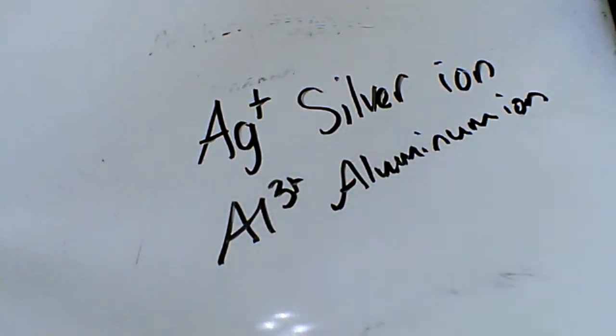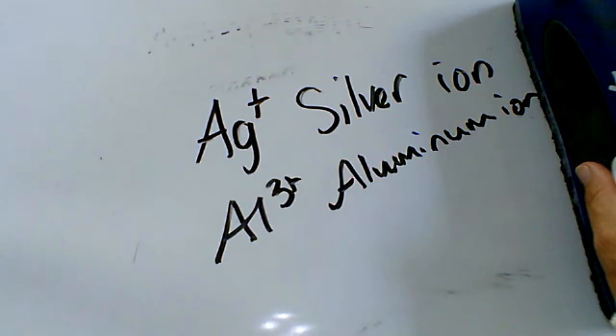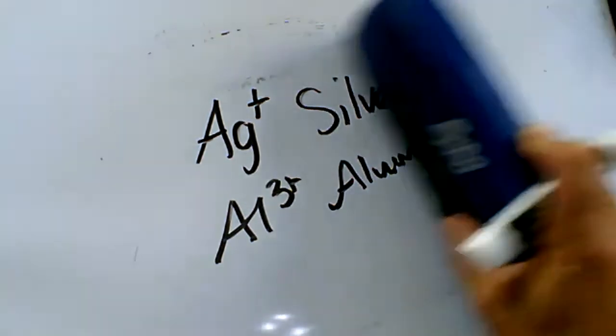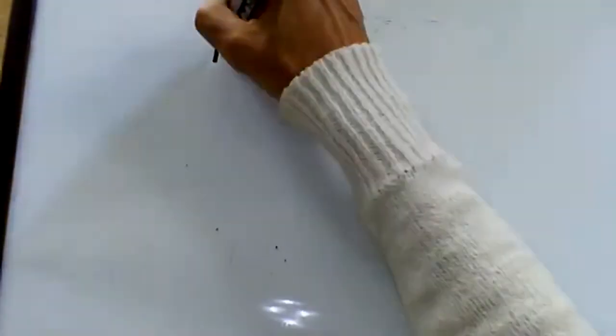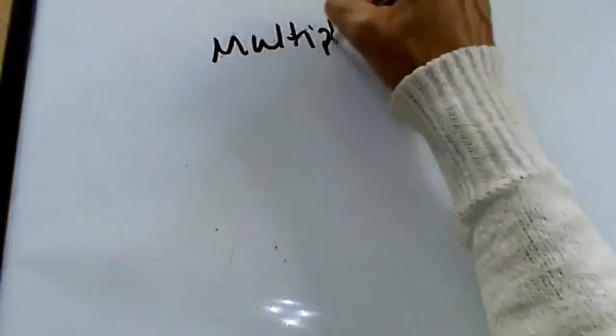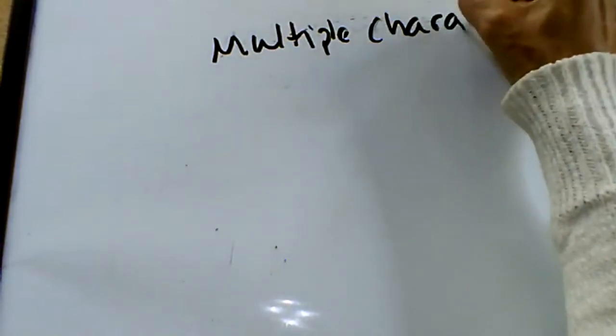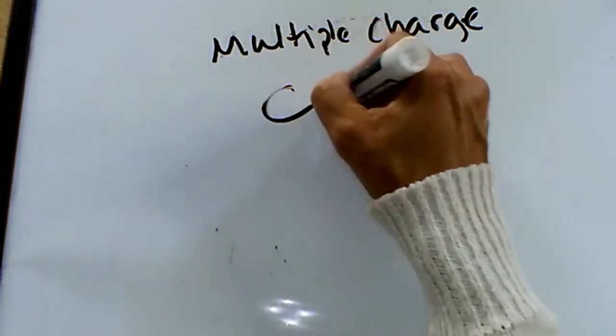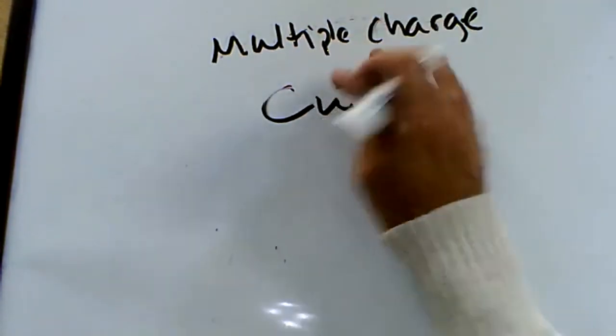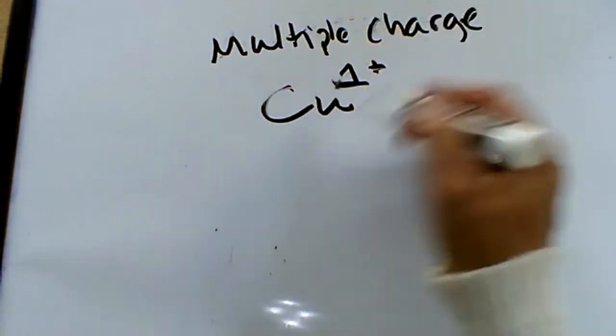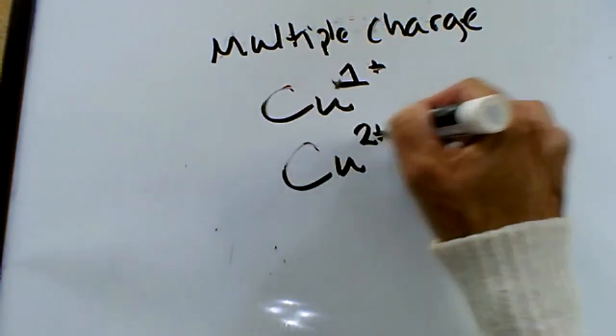So you're like, okay, what's going on? Well, that was if it was single charge. What if it was a multiple charge cation? Well, that's easy. Copper 1+, I'm going to write 1+ because that's actually correct. Copper 2+.